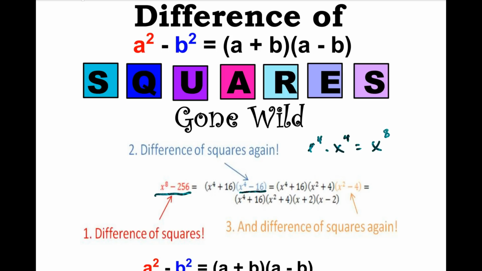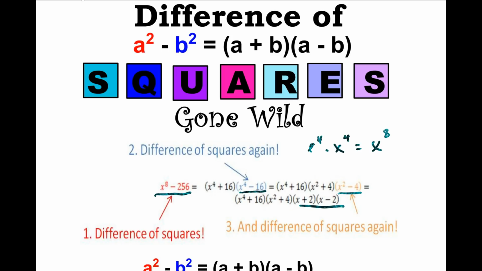But wait, there's more. Oh my gosh. x squared minus 4 is the difference of x and 2, sorry. And so we now have to factor that into this.